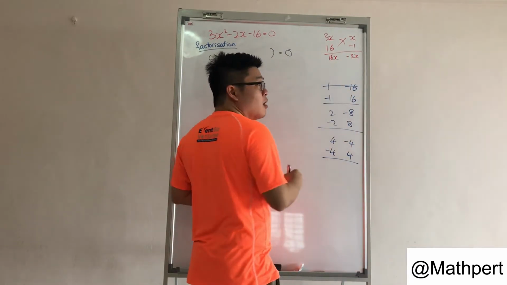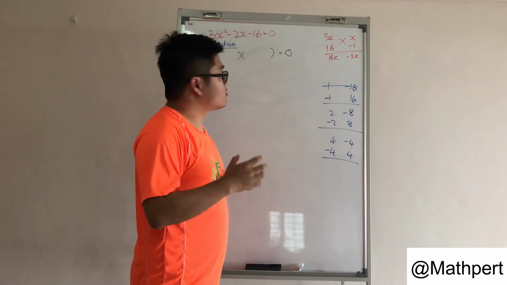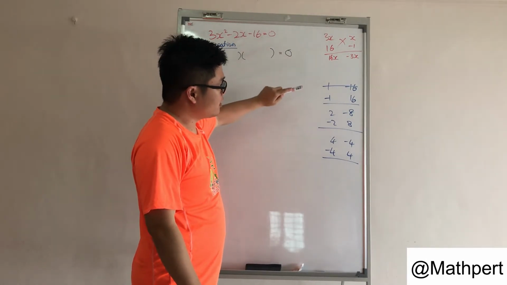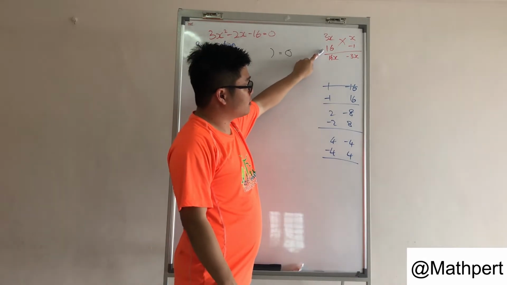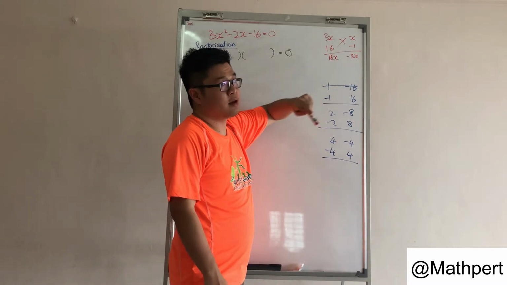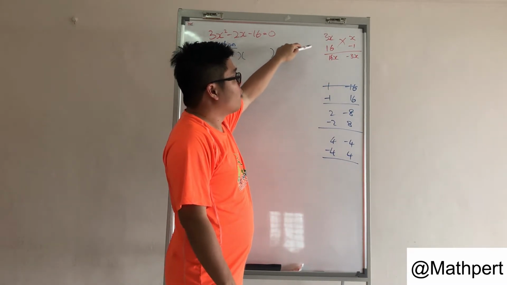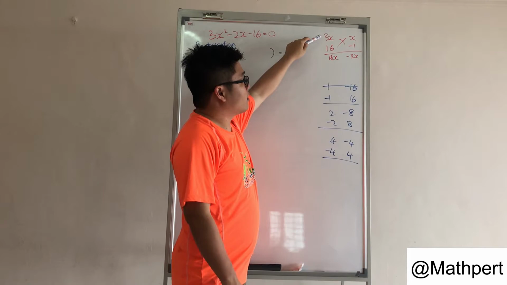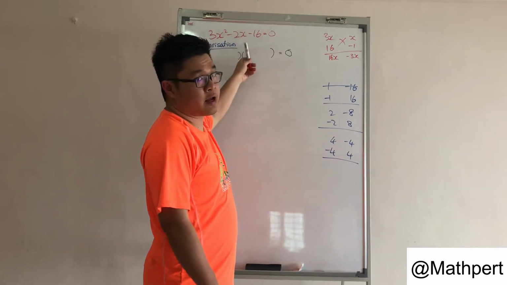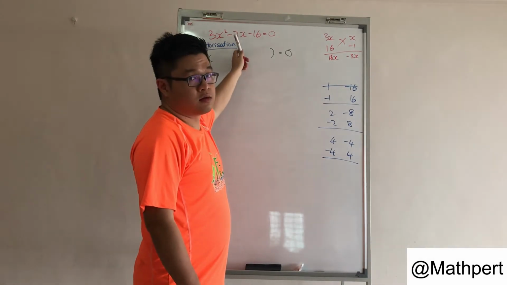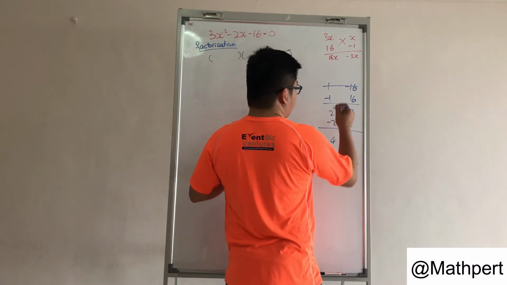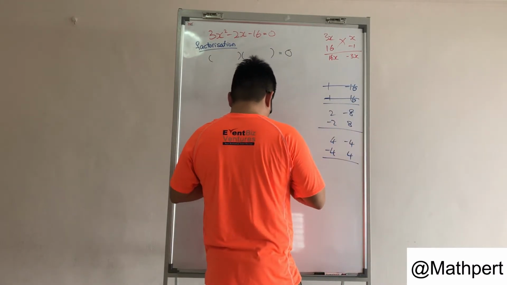This one will be positive 13x. But we need negative 2x. Why do we choose 16 at the front, negative 1 at the back? Because we need to cross multiply 3 with the bigger value, so we can get negative 2x. So this one, no.